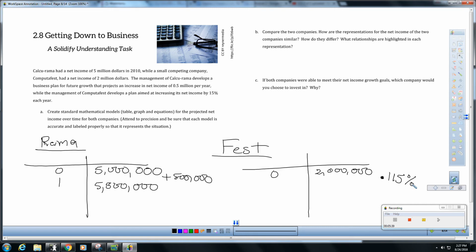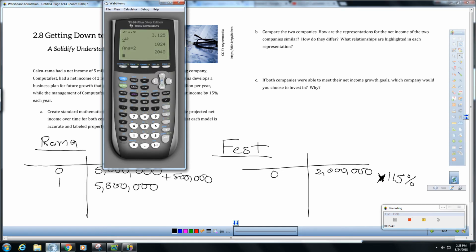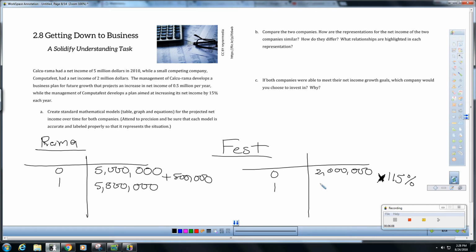So if you multiply it by 115%, keep in mind that's a multiply sign, it's a dot, it's going to get 15% bigger. So let's go 2 million times 115%, which is 1.15. It's easy to mess that up. Let's see how much we have. They have 2,300,000 after 1 year.